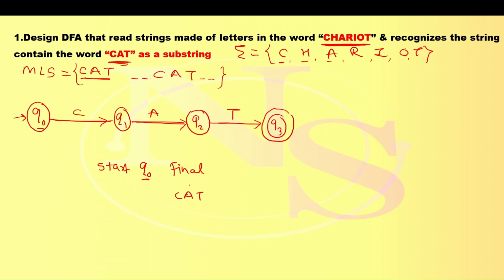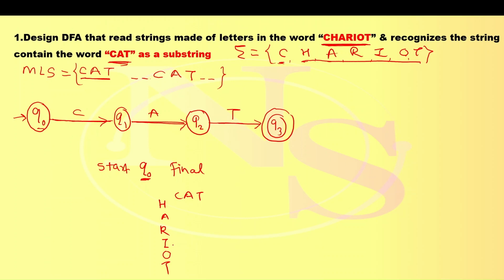At Q0, I am trying to find a transition for which symbol? For symbol C, there is a transition. Other than C, I am going to find transitions for all remaining symbols, for example H or A or R, like that.